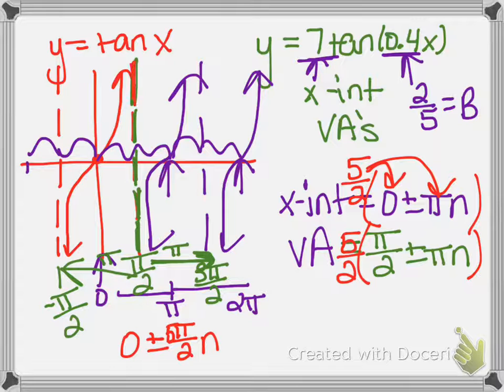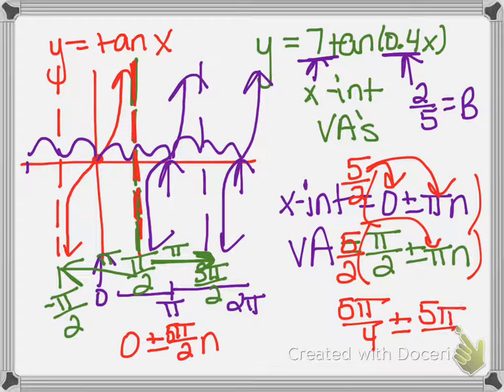So this original vertical asymptote, which was at pi halves, is now going to be at 5 pi fourths. And then once again, instead of going pi units in any direction to get to the next vertical asymptote, you would have to travel 5 pi half units in any direction to get to your next vertical asymptote.